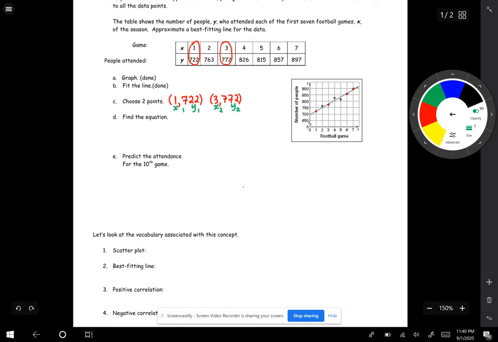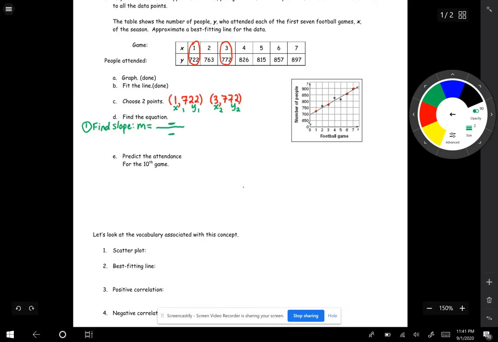At this point, the first thing we need to do is find the slope, because we can't do anything without the slope. So step 1, find slope. Try not to write too big here. Okay, so that's m. So m equals, if you remember from your formula, the first thing we want to do is put a minus sign in here.